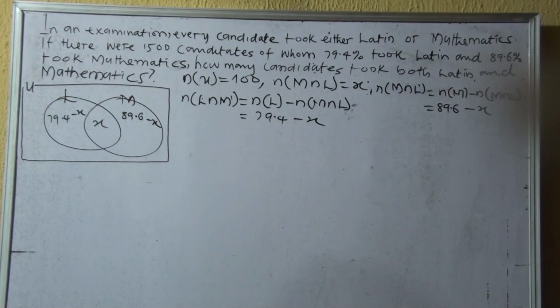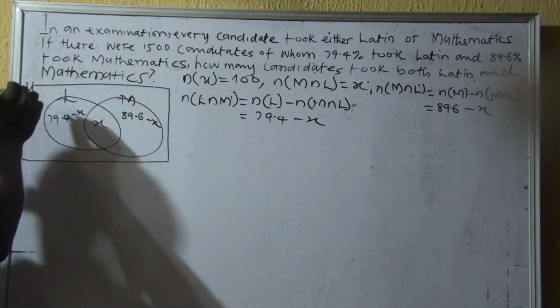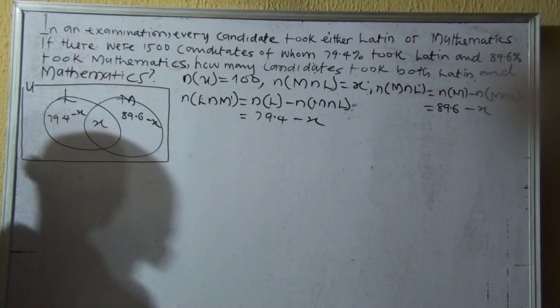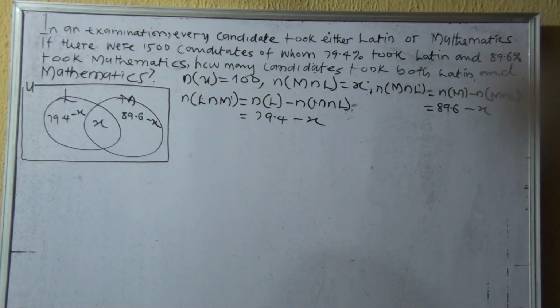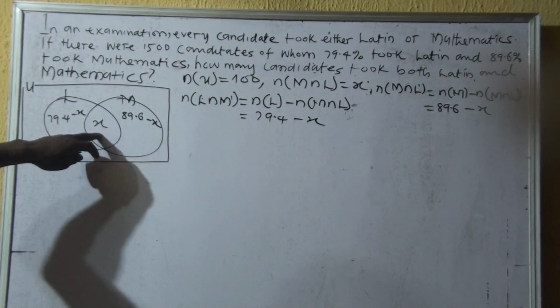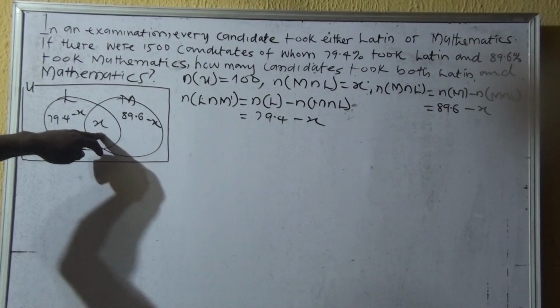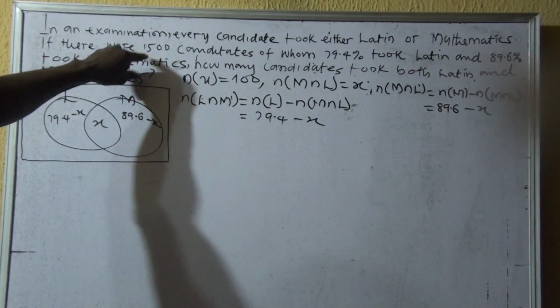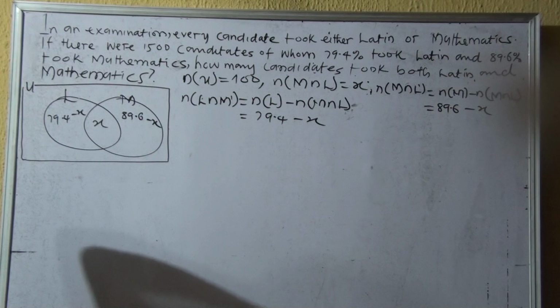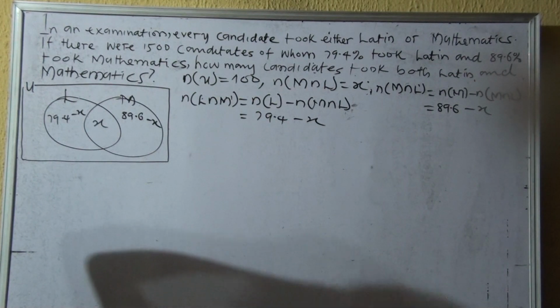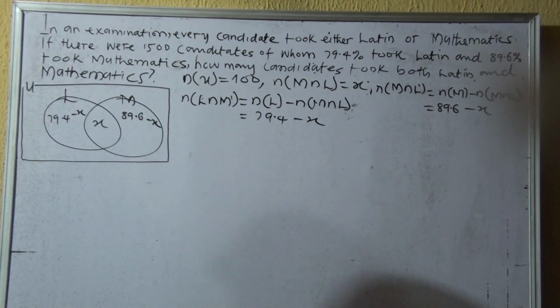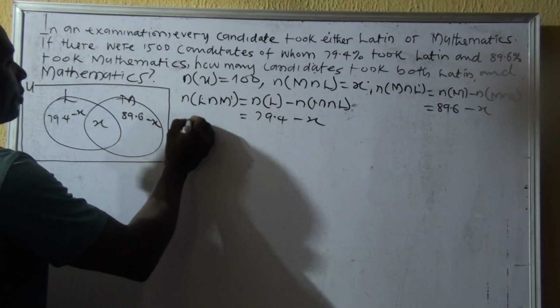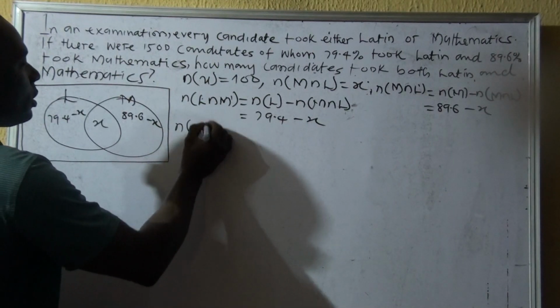Now, here the universal set, like I said, is 100. Once we're able to find the percentage of those who did both, we will apply it on the total number of candidates that actually sat for the examination. So here is the equation.